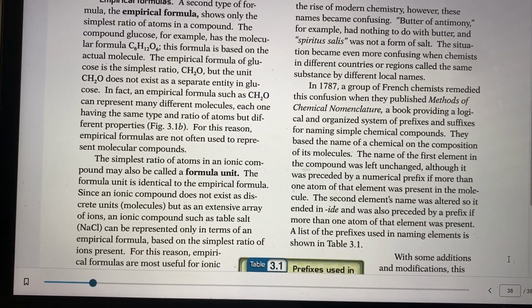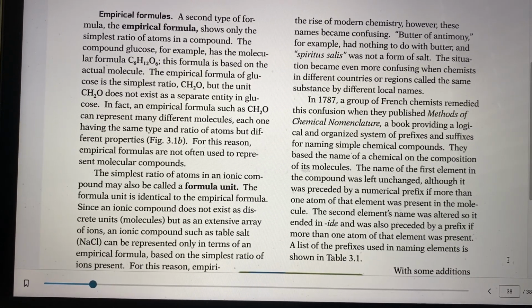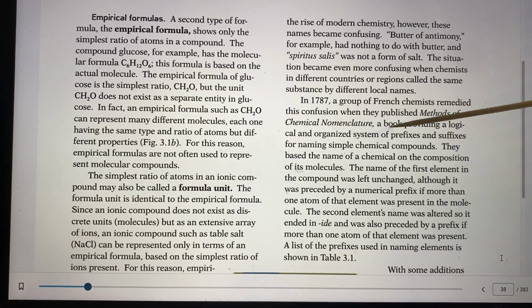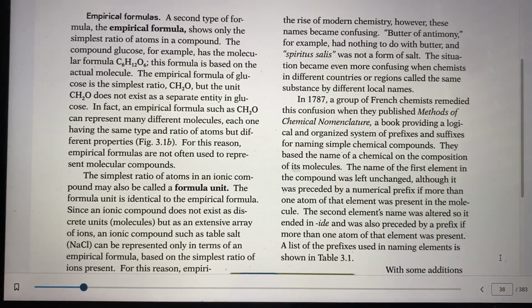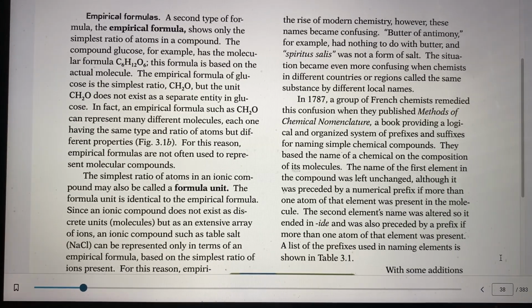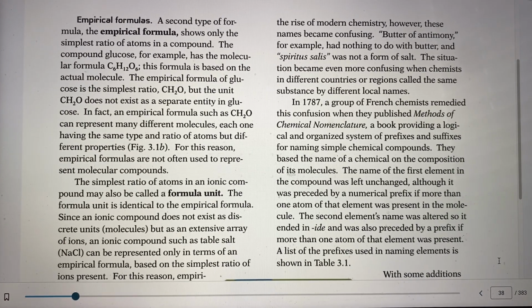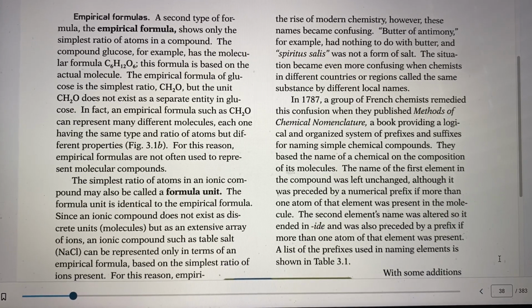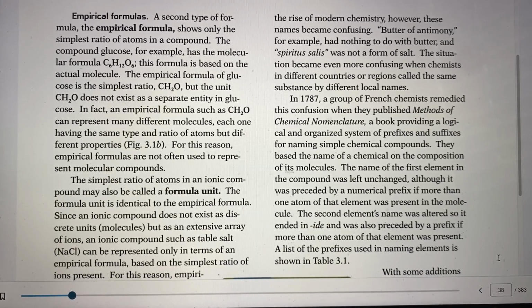So a group of French chemists got together, and in 1787 they put together a book with a method of chemical nomenclature, with prefixes and everything, to show how to name certain compounds based on their molecular formulas.